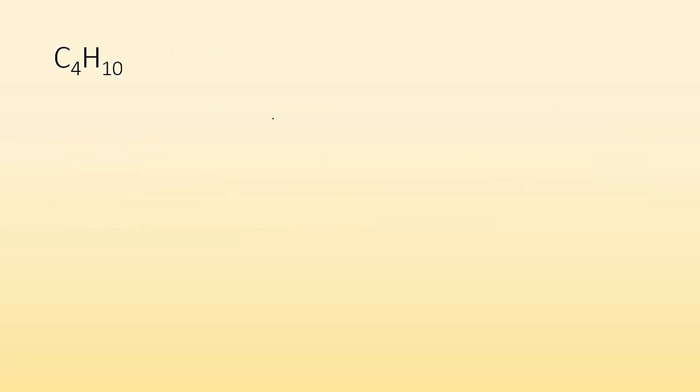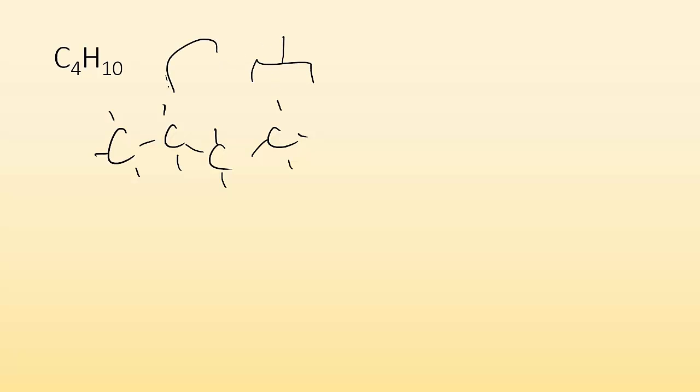So I'll show you what I'm talking about. So C4H10. I can have a straight line of carbons in a chain, and then each one of these lines would have a hydrogen on it, and that is my C4H10. I can have an isomer where I take one of these and pop it off and put it on a central carbon.